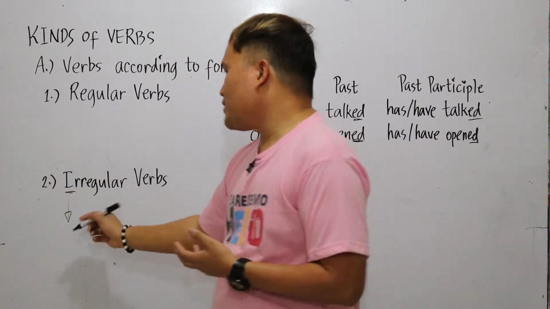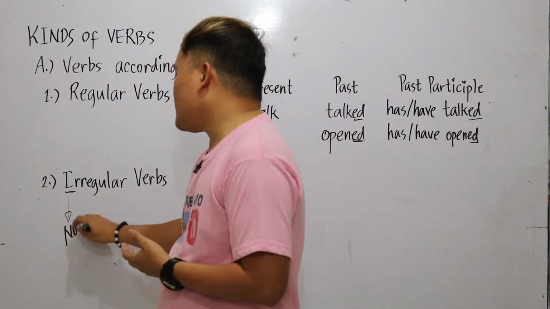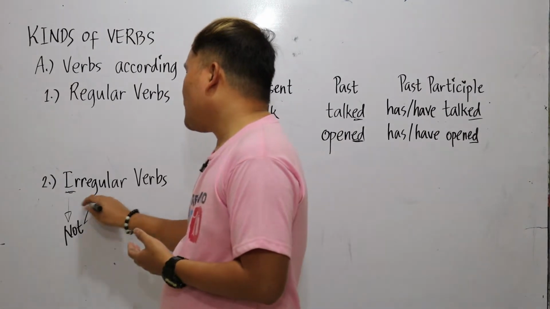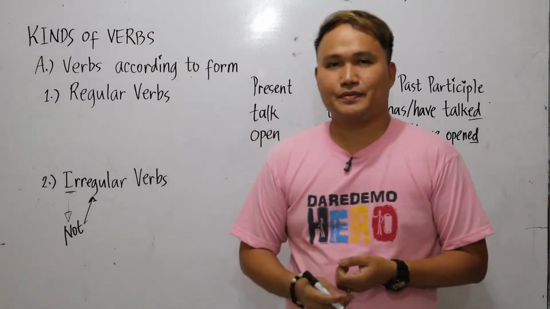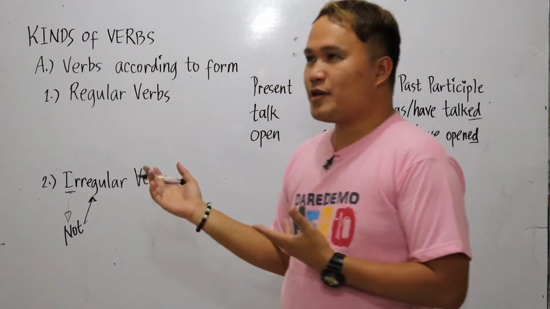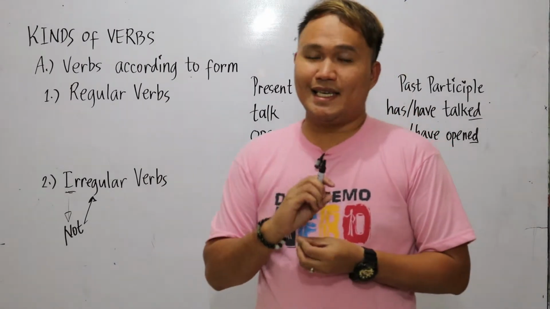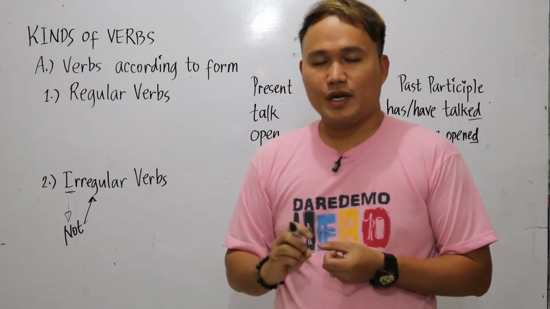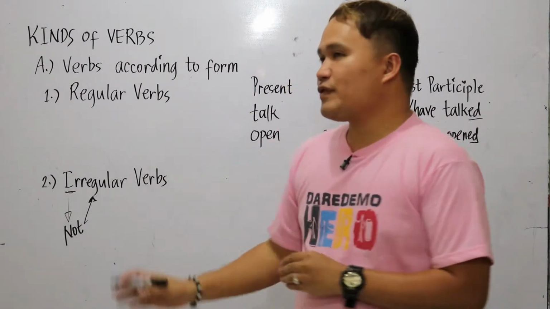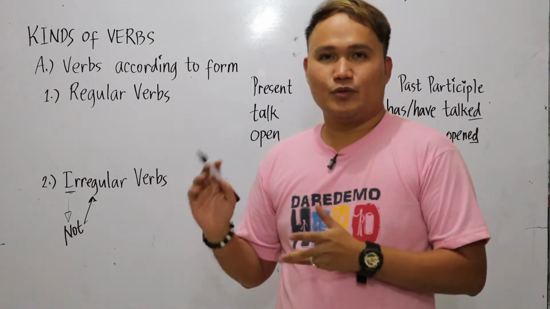So these are actually not regular verbs, opposite to regular verbs. So if regular verbs, you just have to put D or ED at the end of the word. For irregular verbs, the spelling will be changed.